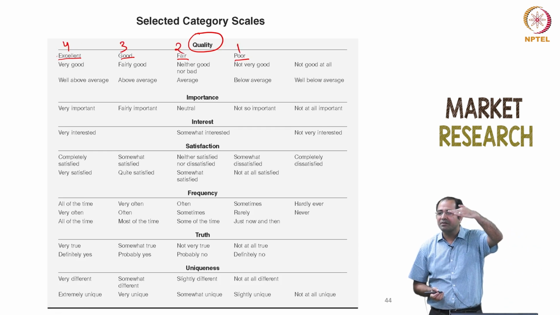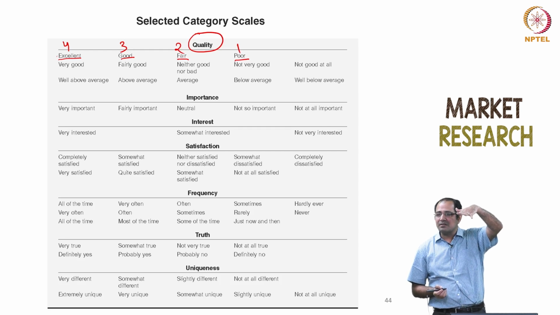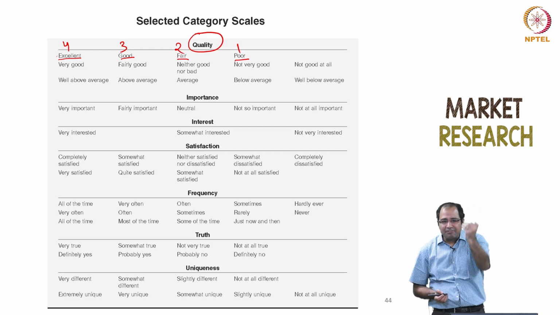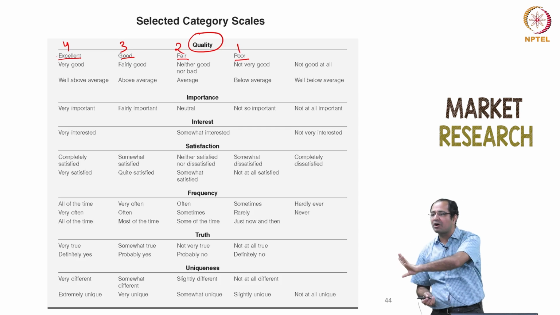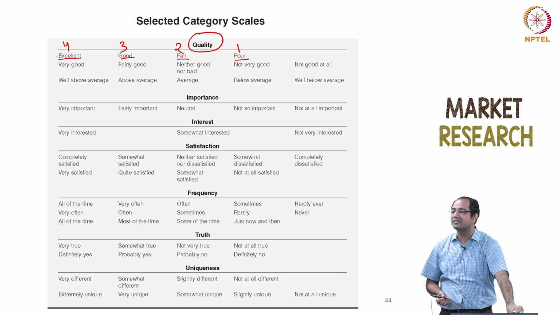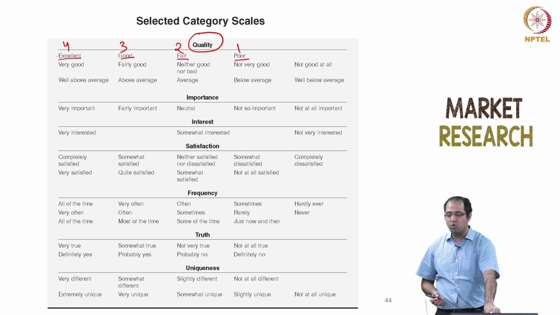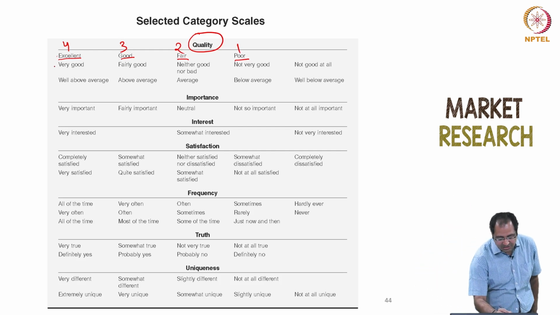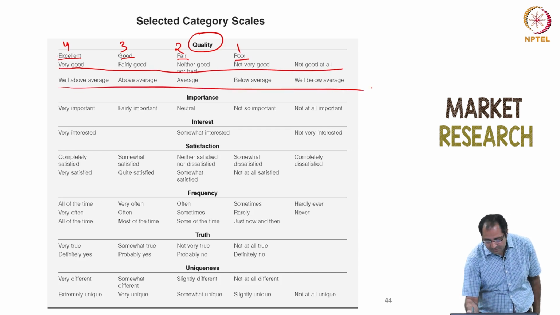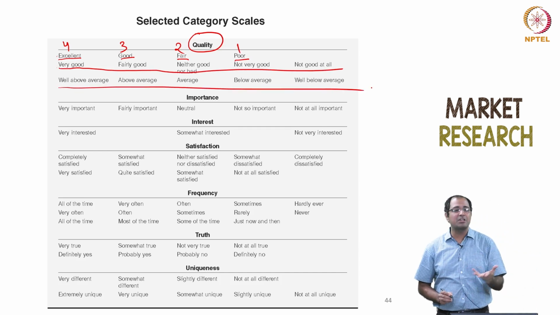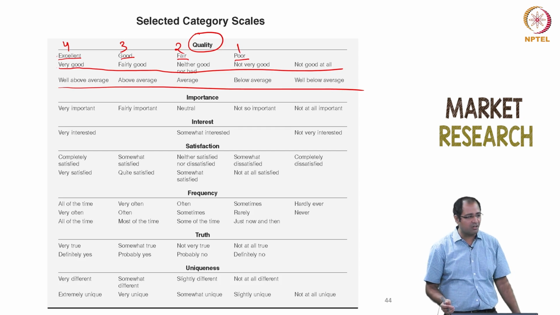Suppose you are measuring the quality of a restaurant, and you have different aspects of that restaurant: food, cleanliness, service. Instead of strongly agree to strongly disagree, you can use these indicators: excellent, good, fair, poor. There are other indicators of quality, such as very good, fairly good. When you are measuring quality, you can use such descriptions for the Likert answer options rather than strongly disagree, strongly agree.